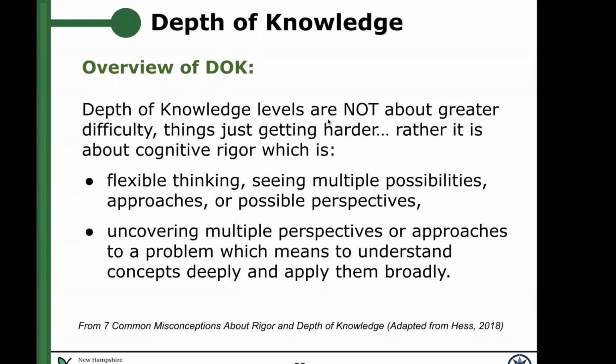It's rather about the cognitive rigor, which is really all about flexible thinking, seeing multiple possibilities and approaches and possible perspectives. And it's uncovering those multiple perspectives or approaches to a problem, which will help them understand the concepts deeply and apply them broadly in many situations.